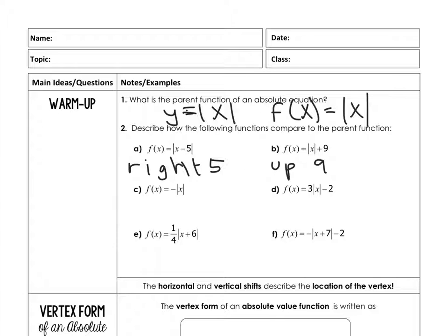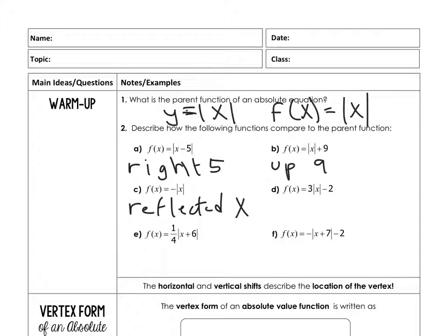C, we see that the whole thing has been negated, so we've taken the negative of the output, so it has a reflection across the x-axis, so it's reflected across the x-axis, and so it's going to be upside down.